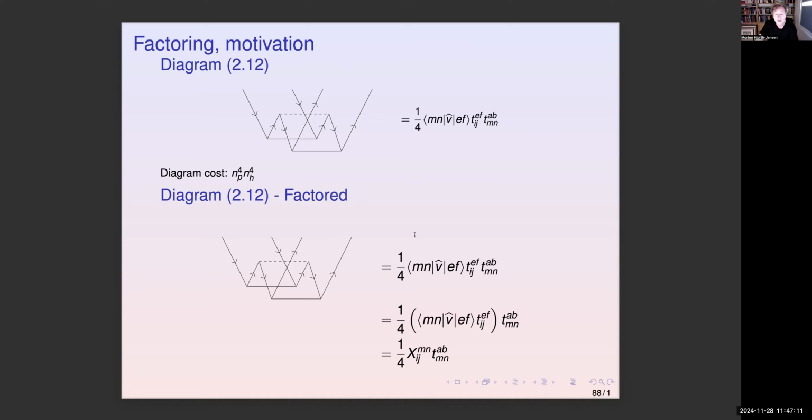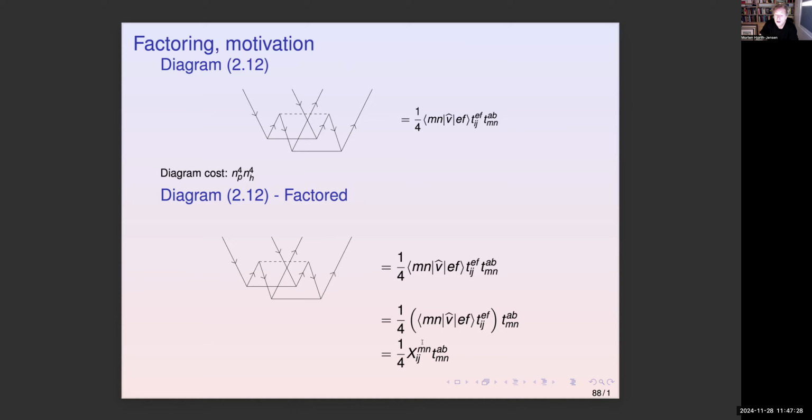So what we could do now, if you look at this intermediate state here, is perform the matrix multiplication. If you think back to what we discussed before the break, we can think of this as a matrix and this as a matrix.